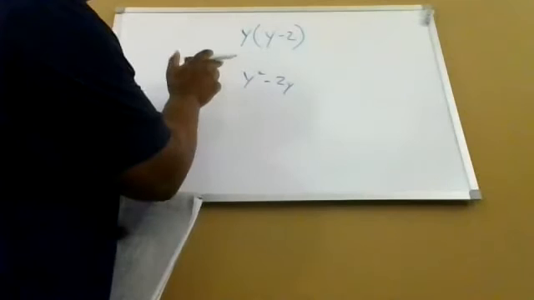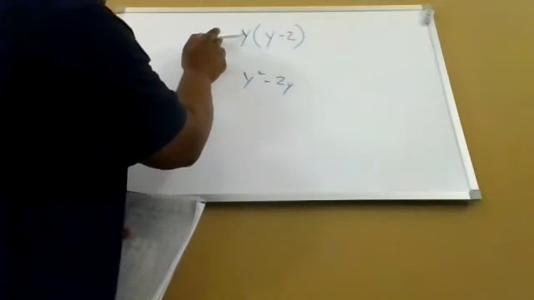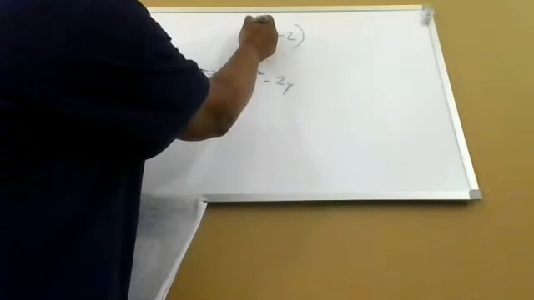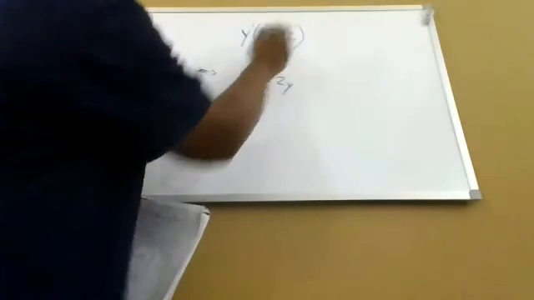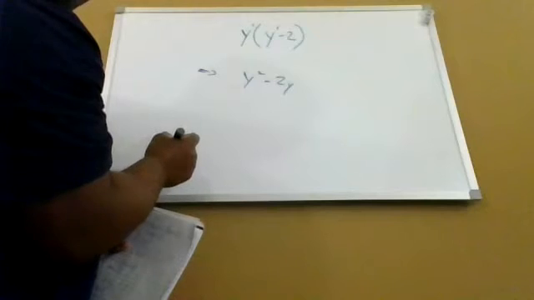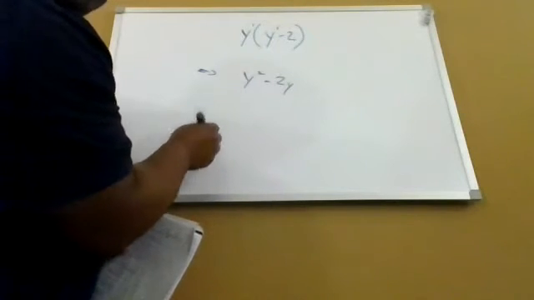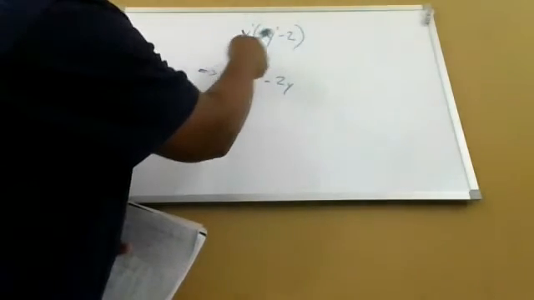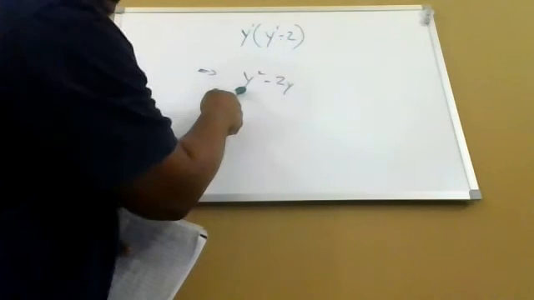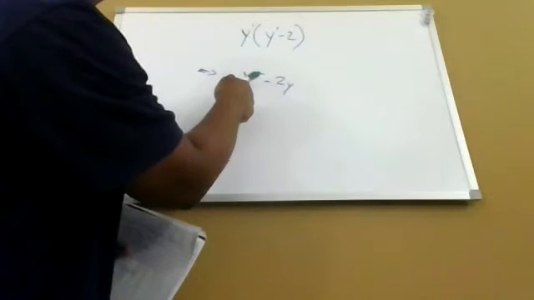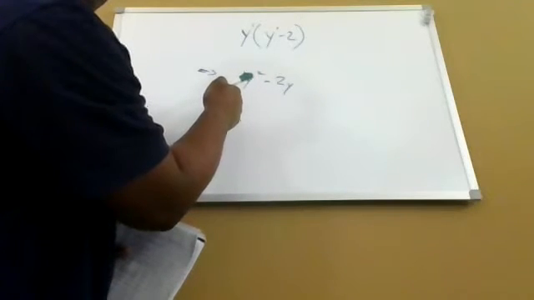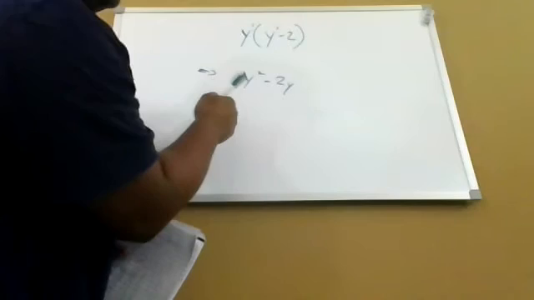And again, going back to the beginning here, when I multiply this y, which has an exponent of 1, times y, that y has an exponent of 1. So when I multiply y times y, I get y to the second power, because I added 1 plus 1 to get 2.